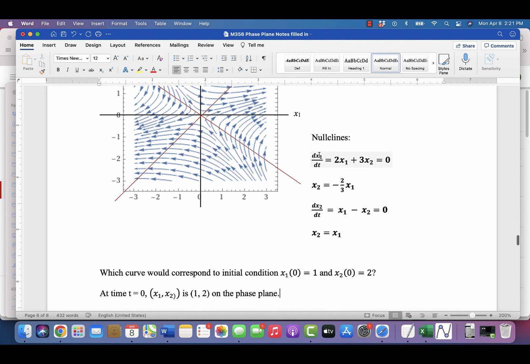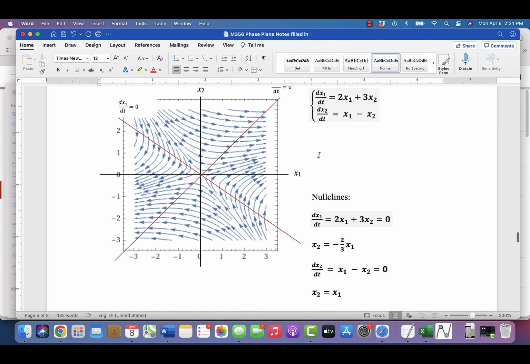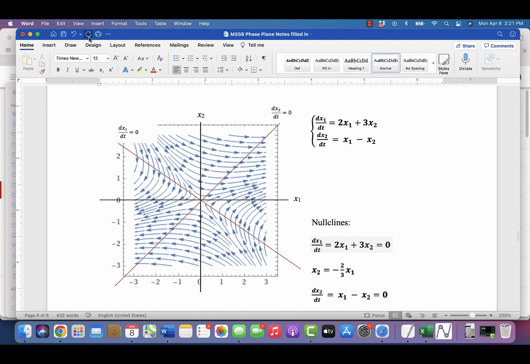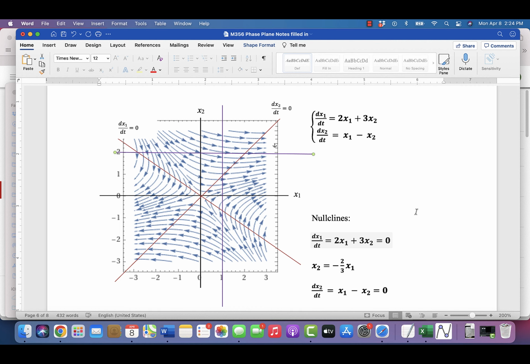So to locate that point, I am going to again use temporary horizontal and vertical lines to locate the point 1, 2.